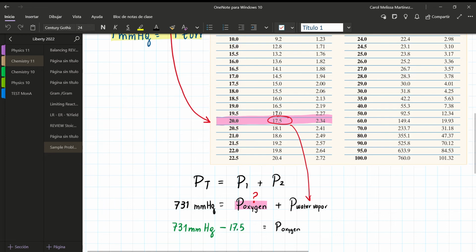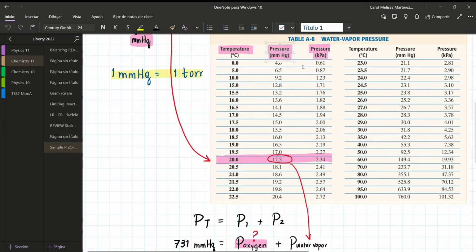Here you don't read the units, but the units are here in the top, okay? These are millimeters of mercury.